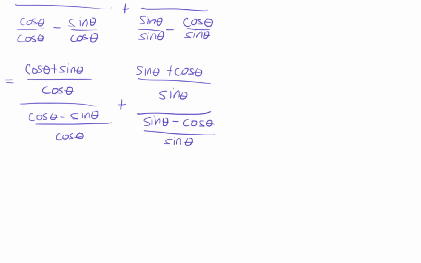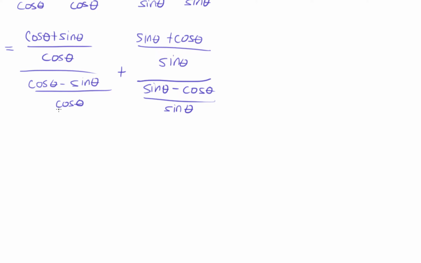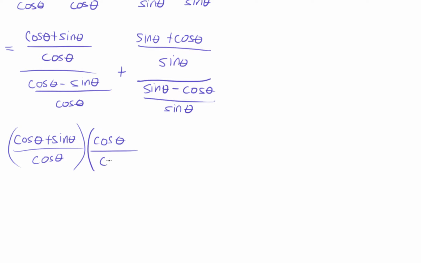Yeah, and then whenever you have a fraction divided by another fraction, you multiply by the reciprocal of the fraction in the denominator. So cosine plus sine over cosine times the reciprocal of this denominator, which is going to be cosine over cosine minus sine.